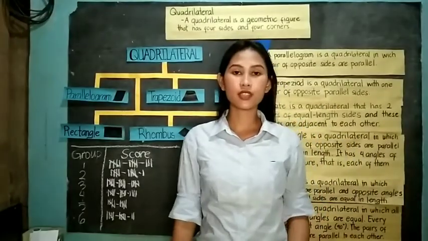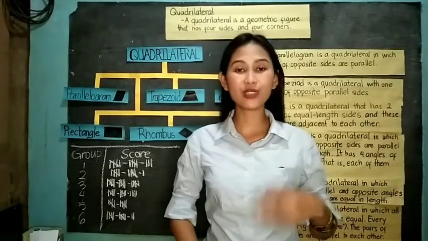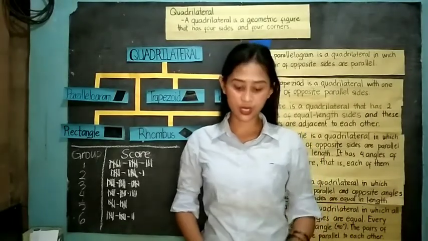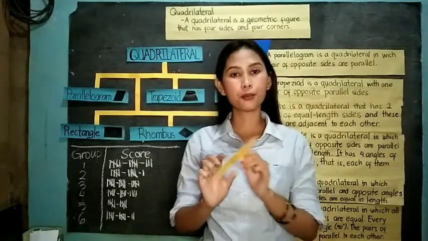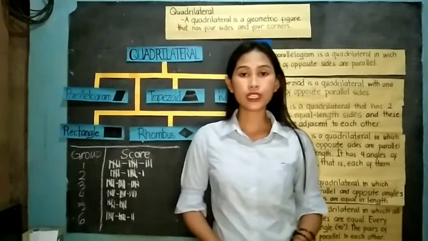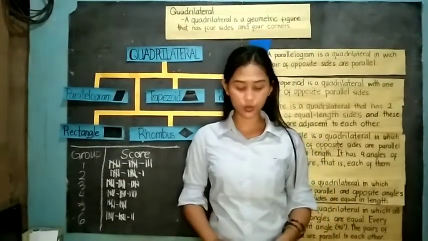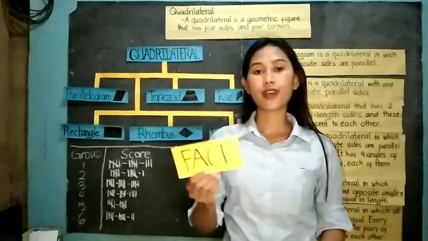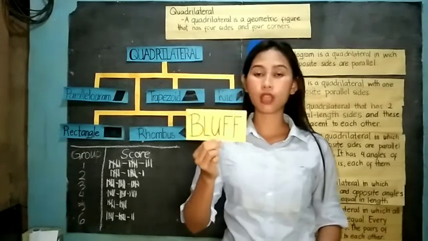Our next activity is entitled, Is it a fact or a bluff? I will give you a card with the word fact written on one side, bluff on the other side. I will read the statement twice, and if you think the statement is true, you will raise fact, and if it is not, you will raise bluff.